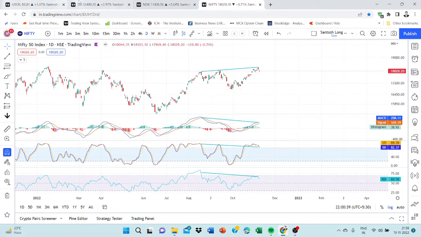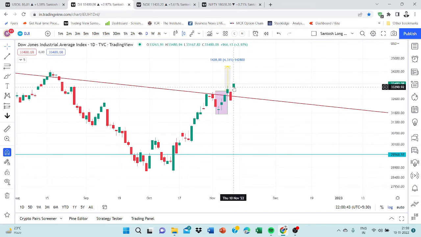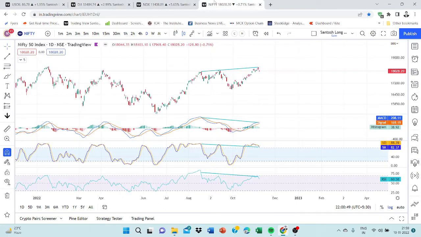As Dow Jones is positive, already 900 points or 1000 points up, Nifty is supposed to open with a huge gap up tomorrow, and it may come down to 18,000 or 18,100 level. That can happen, God knows.